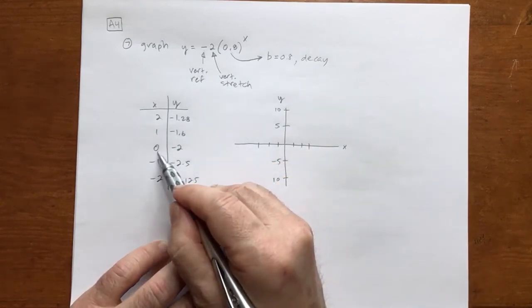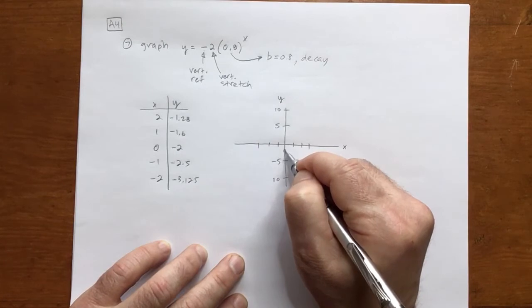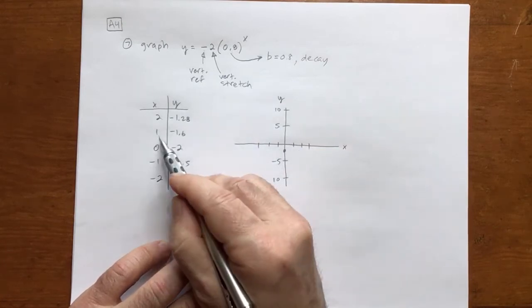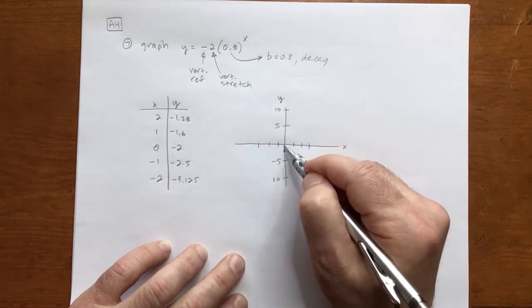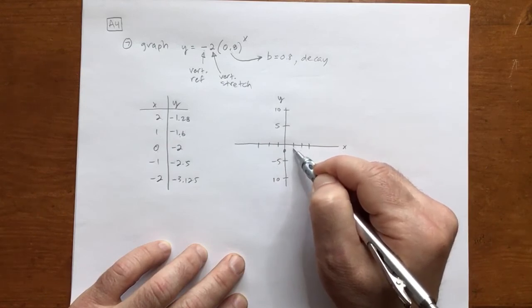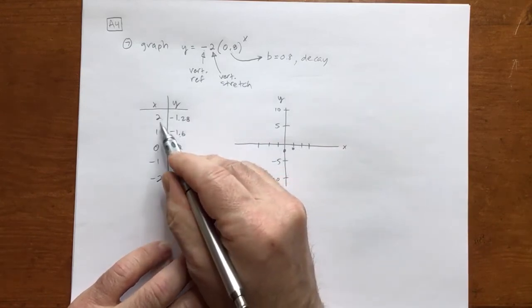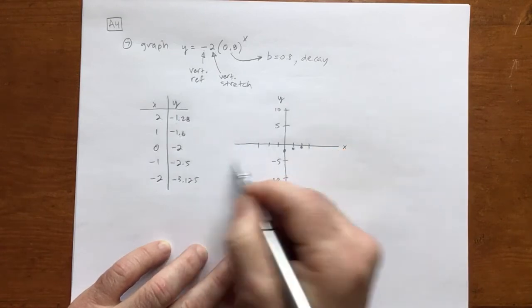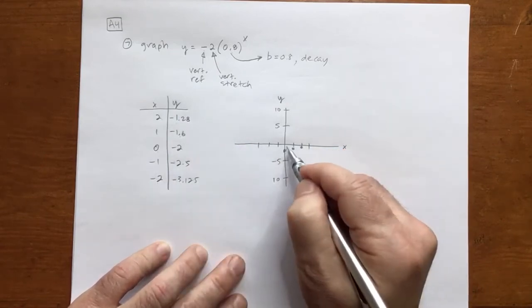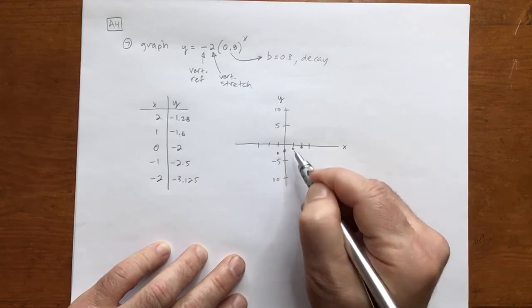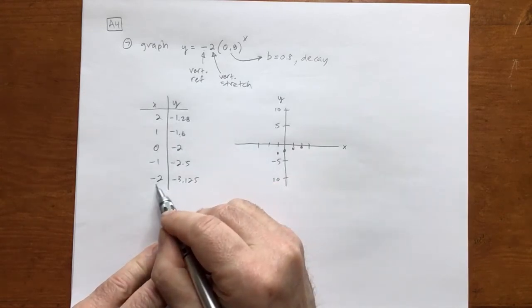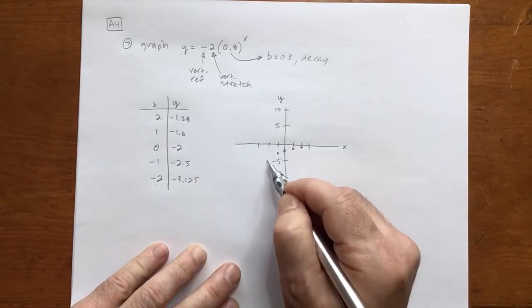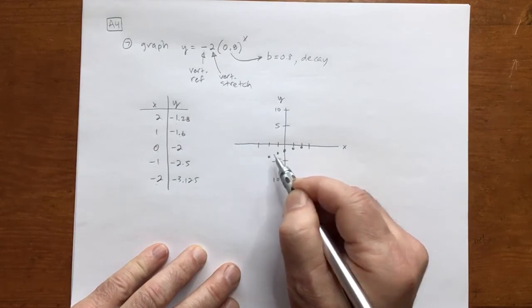I'll start in the middle, 0, negative 2, about right there. Then 1, negative 1.6, 2, negative 1.28, and when I go to the left, negative 1, negative 2.5, and finally, negative 2, negative 3.125.